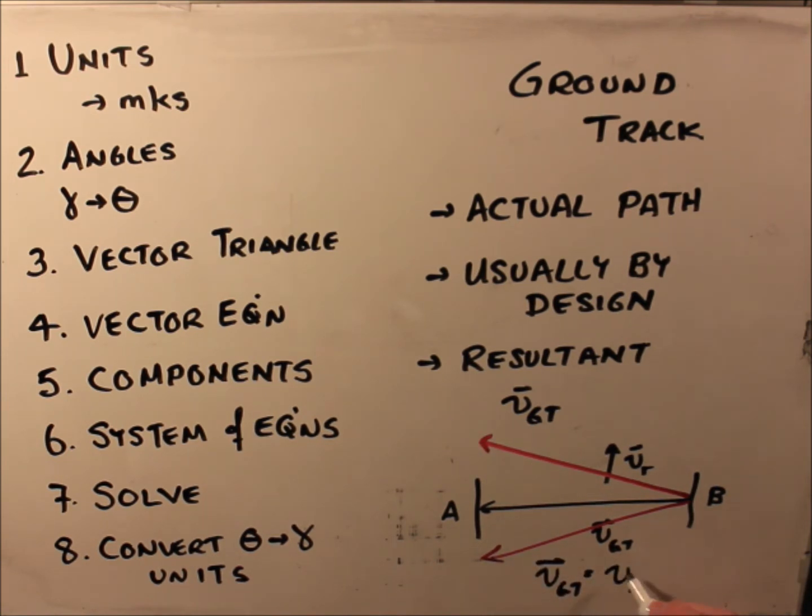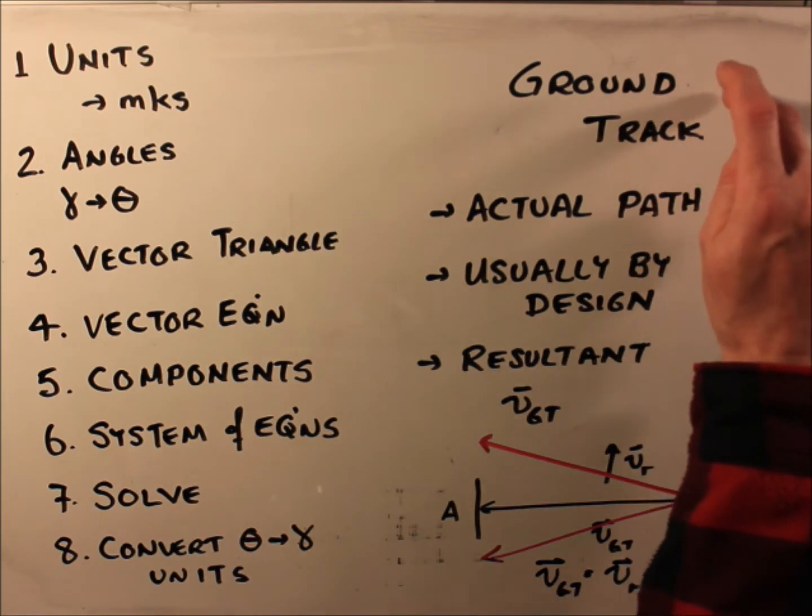It's equal to what the river is doing plus what the boat is doing on the river. Okay? And we'll look at 2 or 3 examples in the next couple of videos that will show how this is done. But the main point here is to get used to the concept of a ground track.